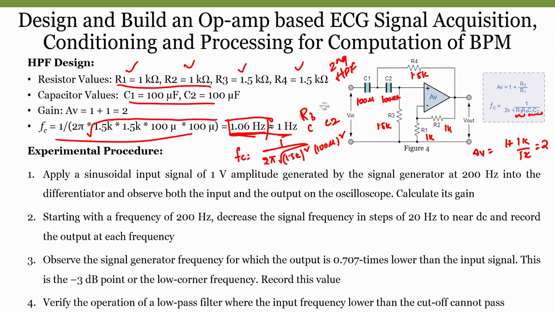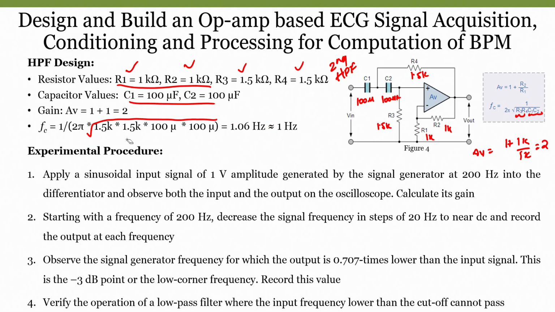Now, how do we verify this? Similar to our low pass filtering circuit, we will do the circuit design in circuit design simulation software. We are using Multisim, with the same resistance and capacitance values.